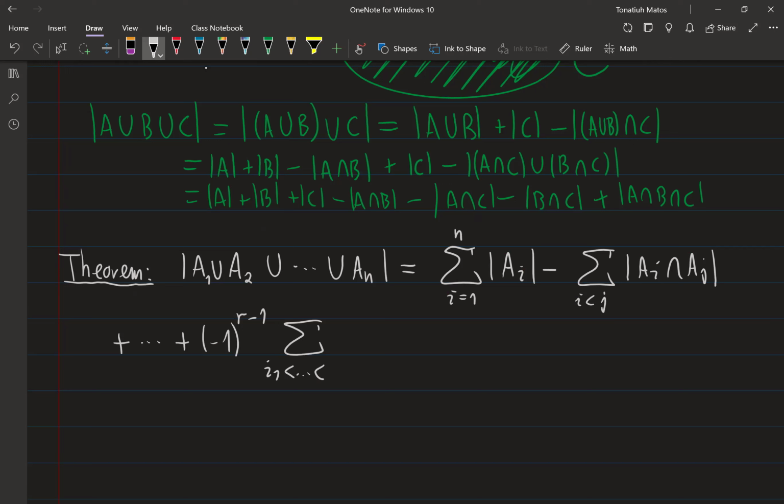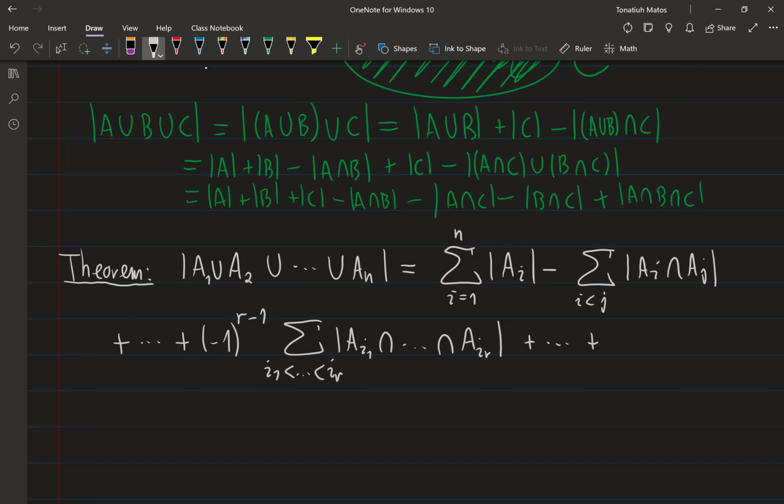So here we're doing all the subsets of size r. And by subsets, I mean you take all the subsets of this family of A_i's, and you either add or remove, alternating, the intersection of all of these. Now, this might seem not that useful to generalize to this extreme point, but keep in mind, you can use this for one of the problems in the problem set.